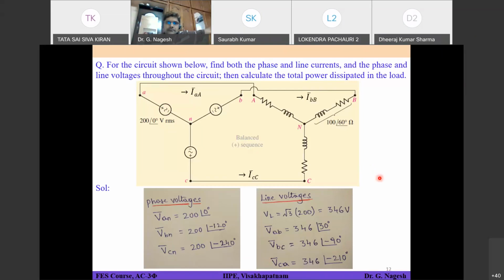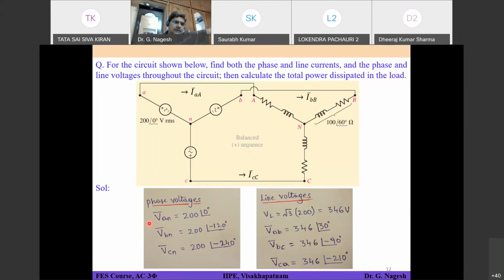What is the line voltage, sir, in diagrams? Okay, line voltage means this is one line terminal A phase, this is another line terminal B. So line voltage at the source VAB, if you want to calculate, you have to measure between A and B. Okay, you know VAN, right?